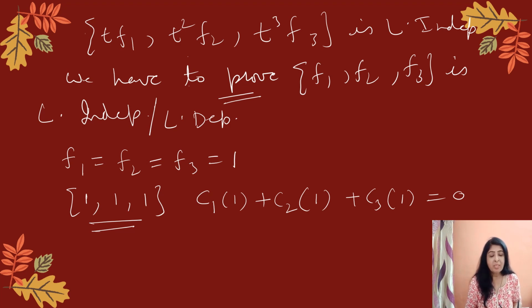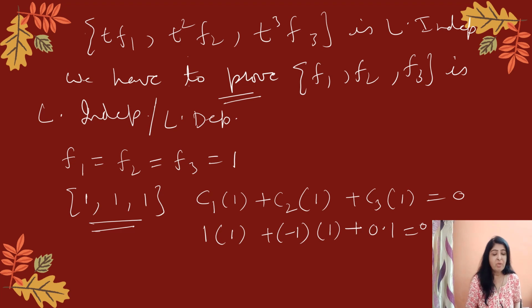So let us take C1 times 1 plus C2 times minus 1 times 1 plus 0 plus 0 times 1 is equal to 0. Now 1 minus 1, so C1 and C2 are non-zero, so this set is linearly dependent. So statement P is incorrect.